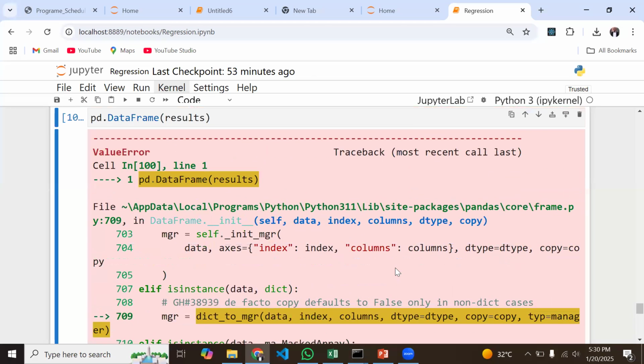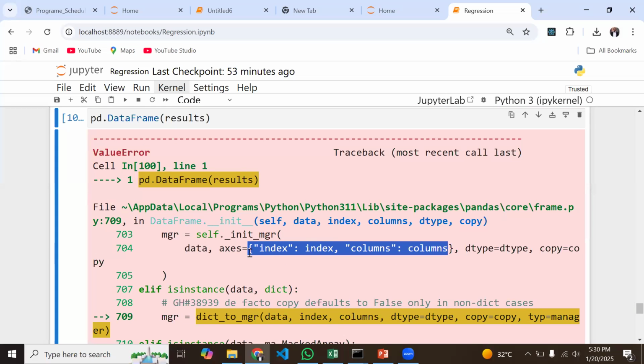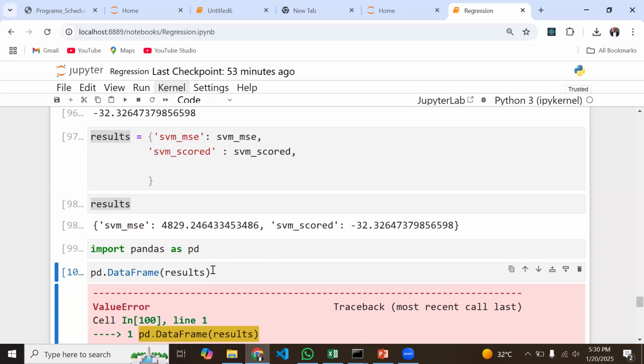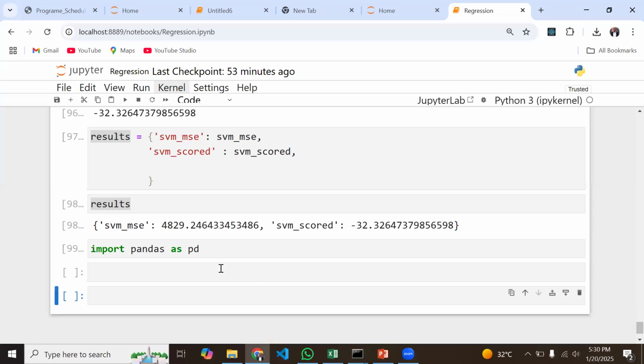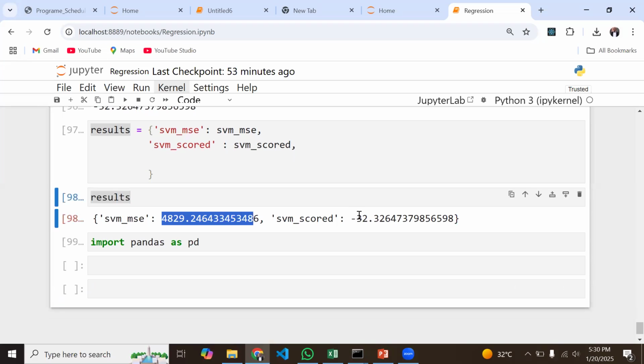Why? Okay. So data axis. Okay, so I think axis is equal to this. No, it is asking for axis. Let me just get rid of this. All right. So we can get to see these values printed out over here.